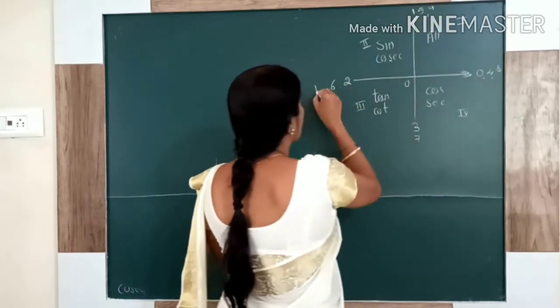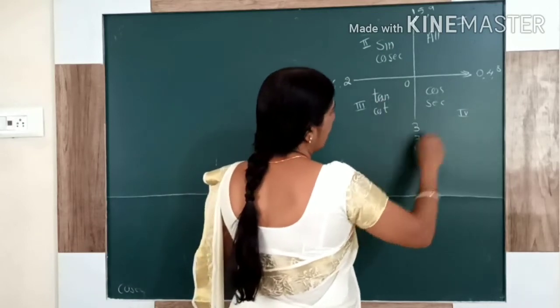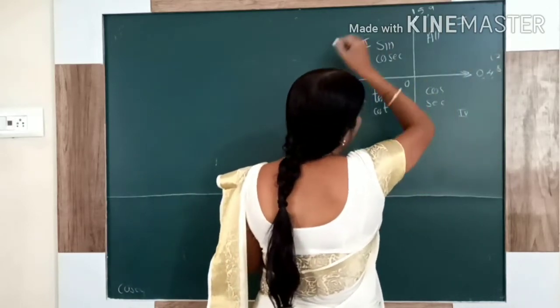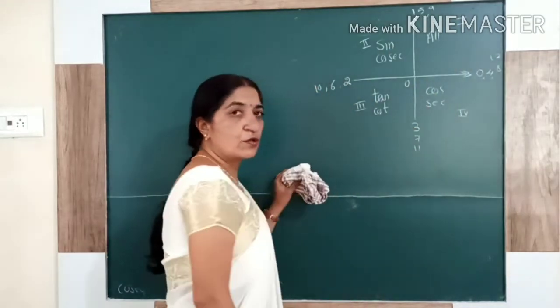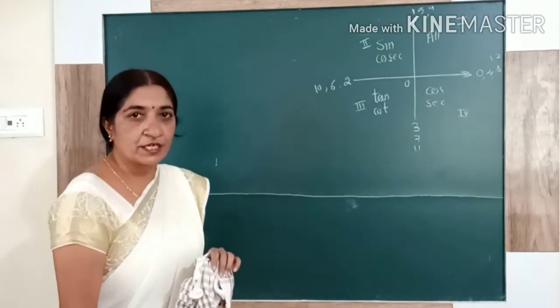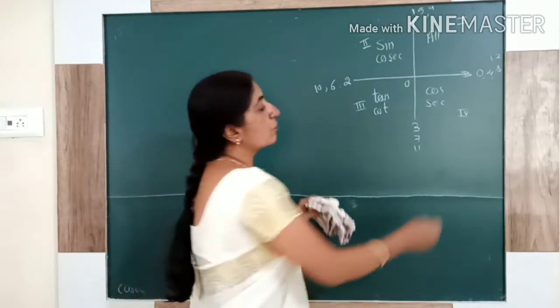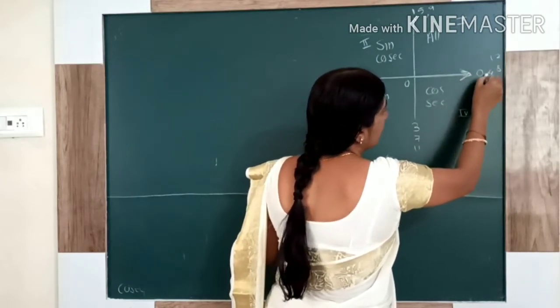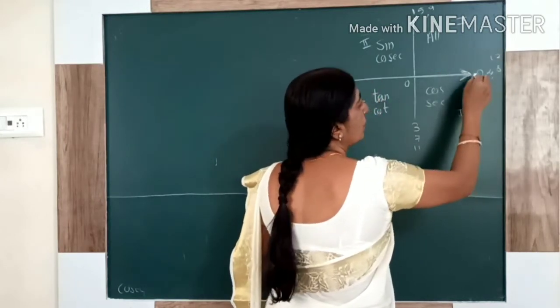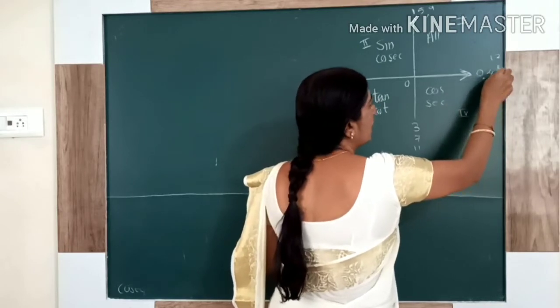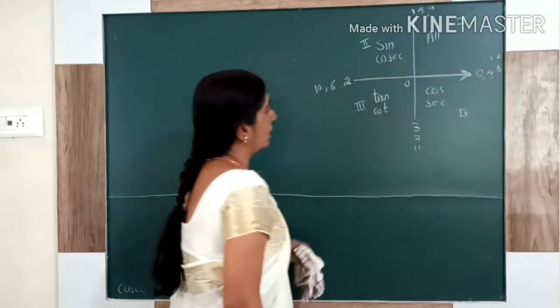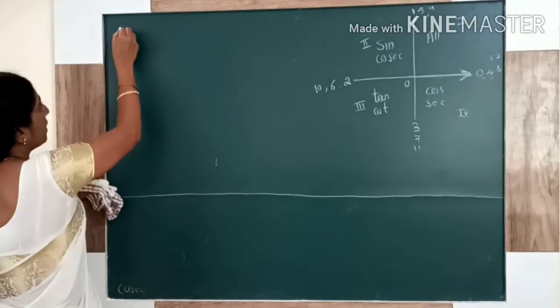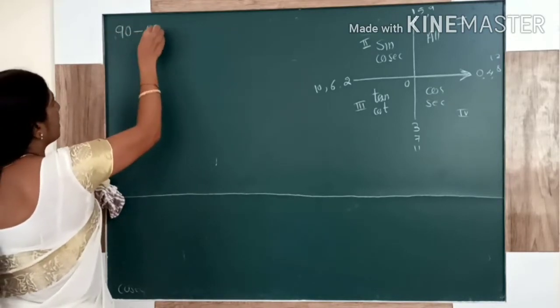This is 9, 10, 11, 12. It goes on continuing. Again here you are observing one more thing: in this initial line we are getting the multiples of 4. 0, 4, 8, 12 like that. Understood?